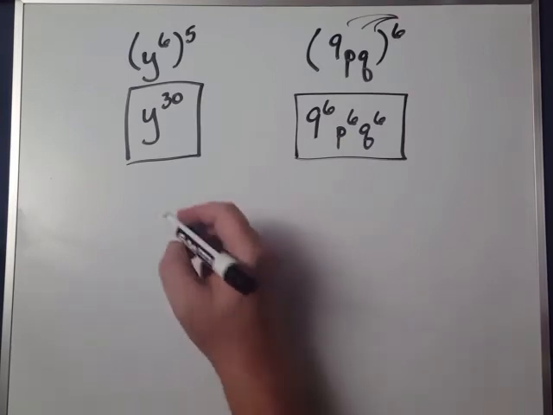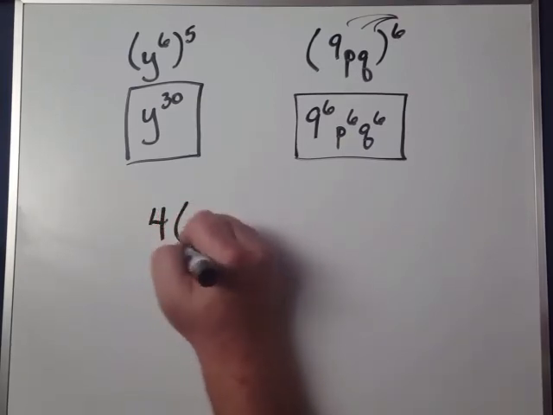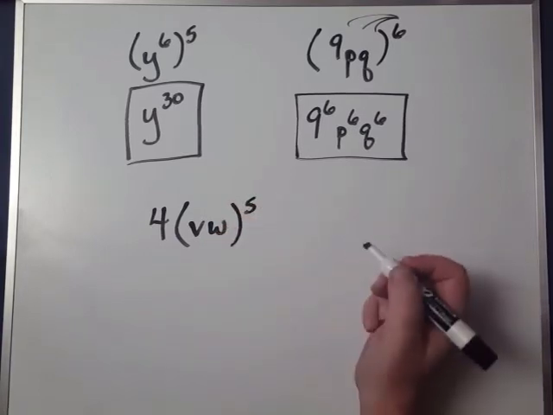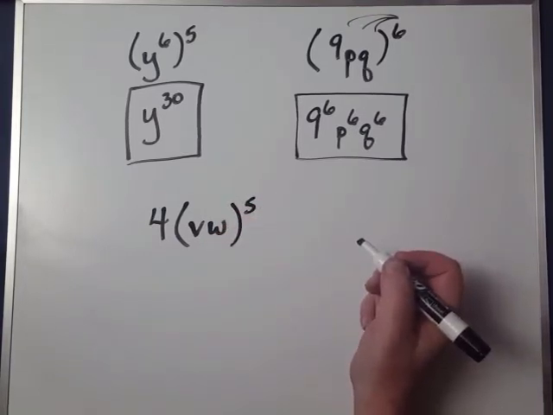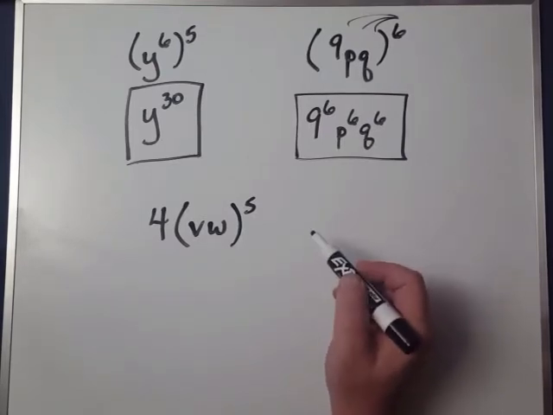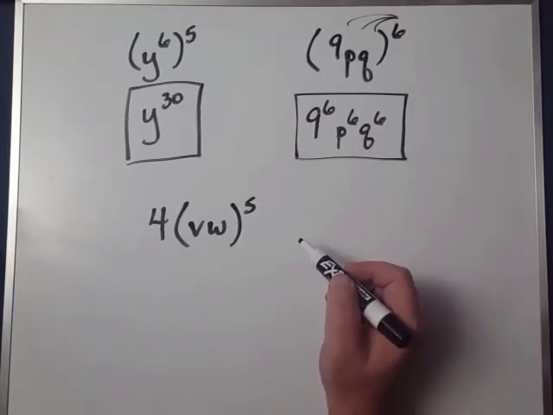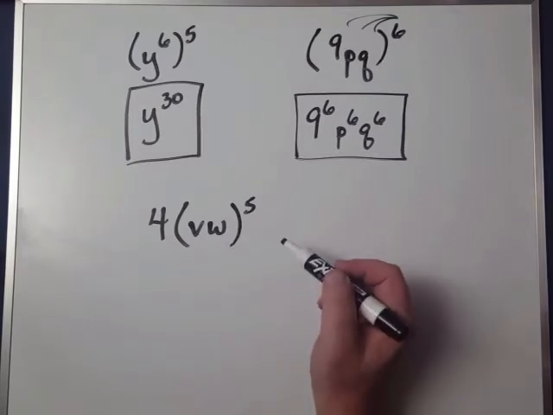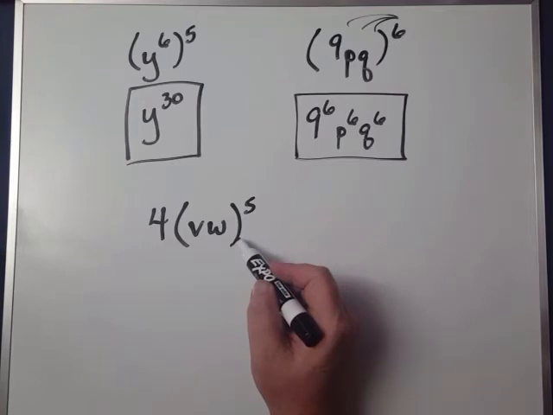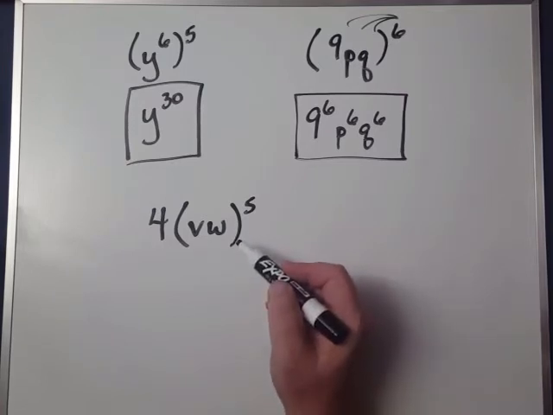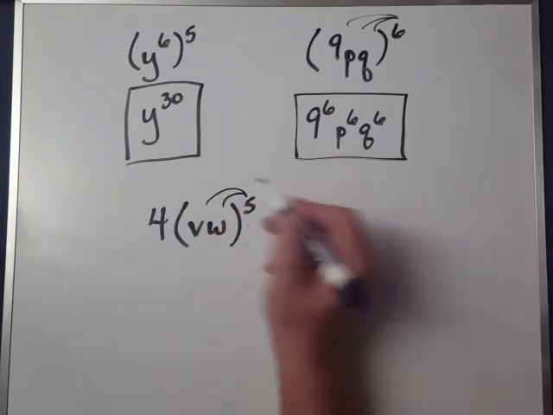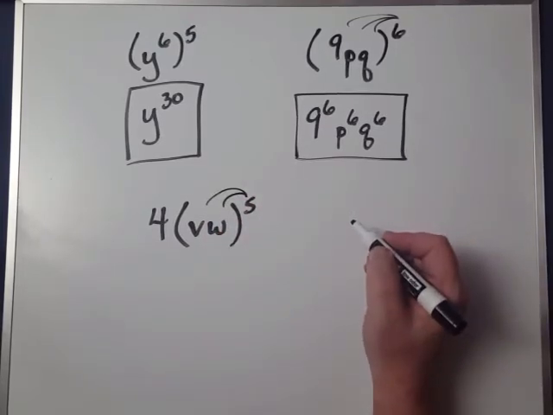Number 56. In number 56, we're asked to simplify but leave our answer in exponential form. So what applies here? Is there some way I can remove these parentheses, which is part of simplifying? I can distribute this power because that's a multiplication inside, and you can distribute a power over multiplication.